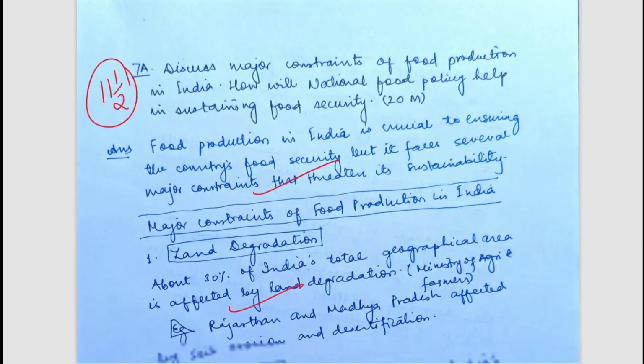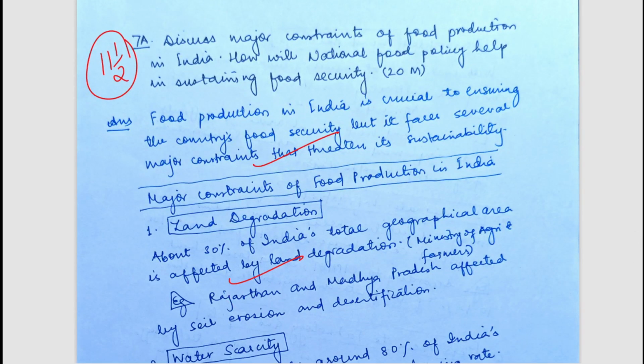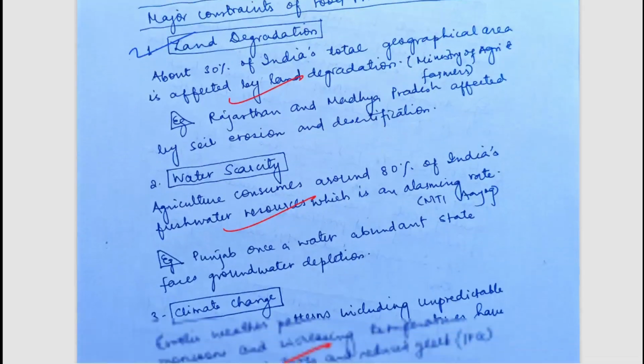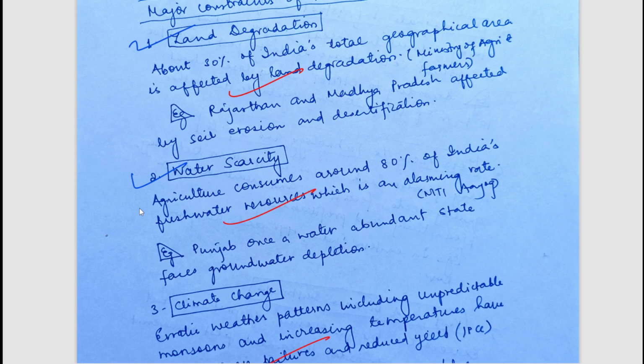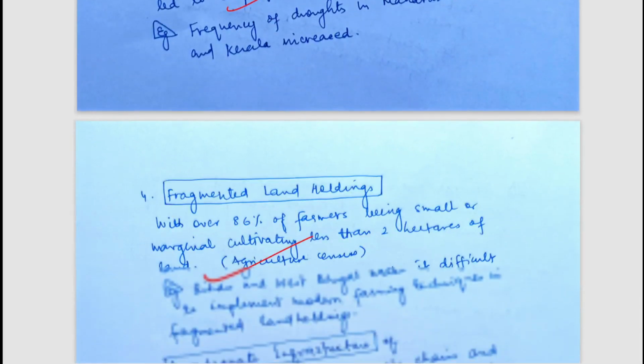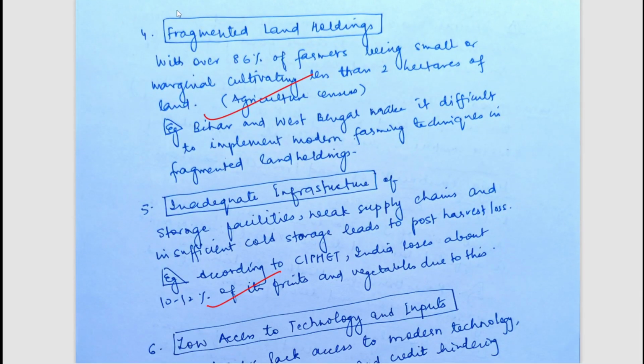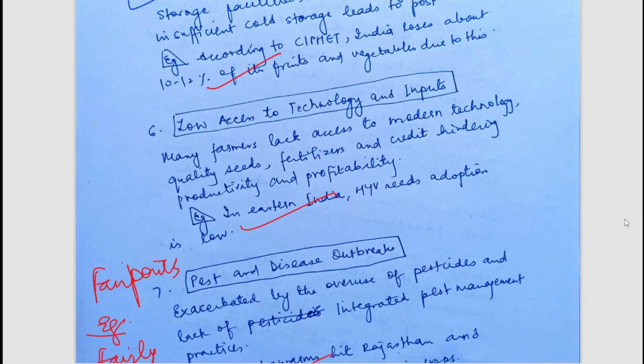So, the next question is, discuss the major constraints of food production in India. How will the national food policy help in sustaining food production? So, what are the major constraints? Obviously, land degradation is there, the problem of water scarcity is there, climate change is there, land holdings have been fragmented, the infrastructure is inadequate, there is low access to technology, and pest and disease outbreaks.